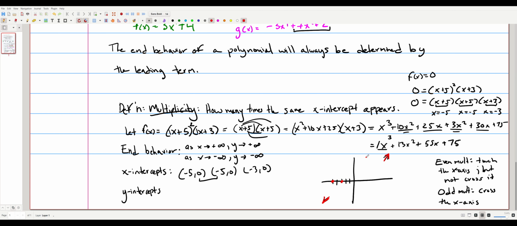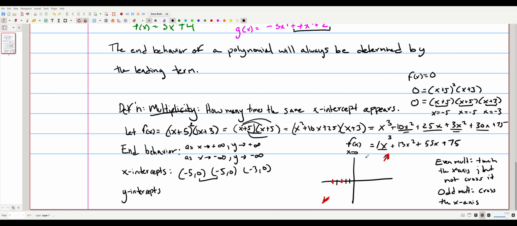And so the only thing left to find now is our y-intercept. How do we find our y-intercept? Well, the same way we always do. We set x equal to 0. Because we did the work of expanding this function, we know that f of x is also equal to this expanded form. But what happens when you plug in x equals 0?